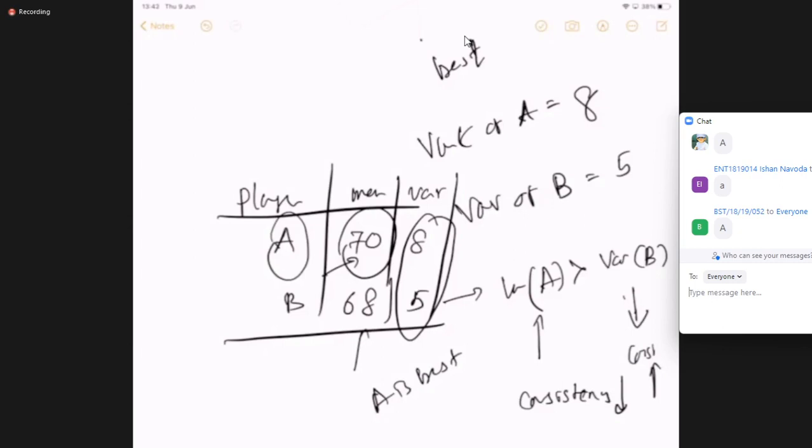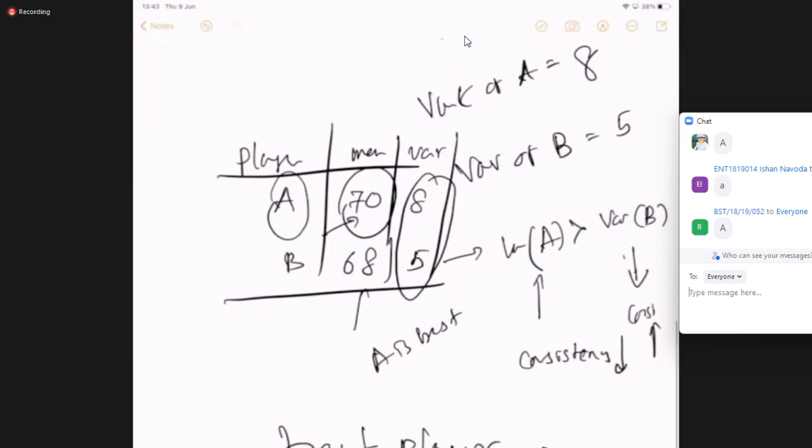Therefore, the best player is not going to be player A. You have to consider their variances. If you compare their variances, we can say that player B is the most consistent player of these two, right? Therefore, the best player is going to be player B.